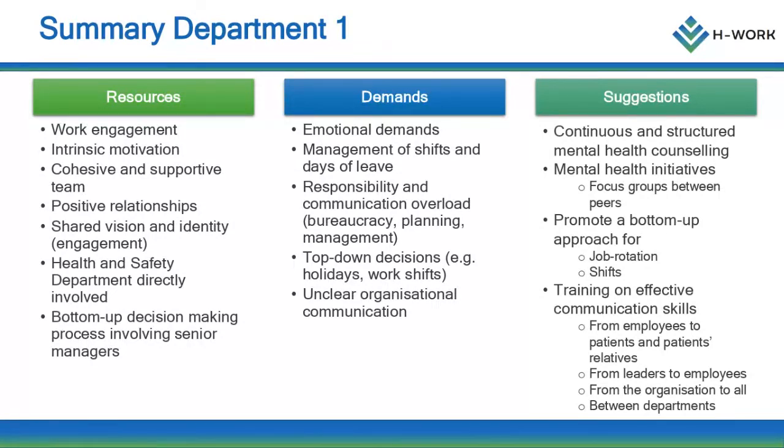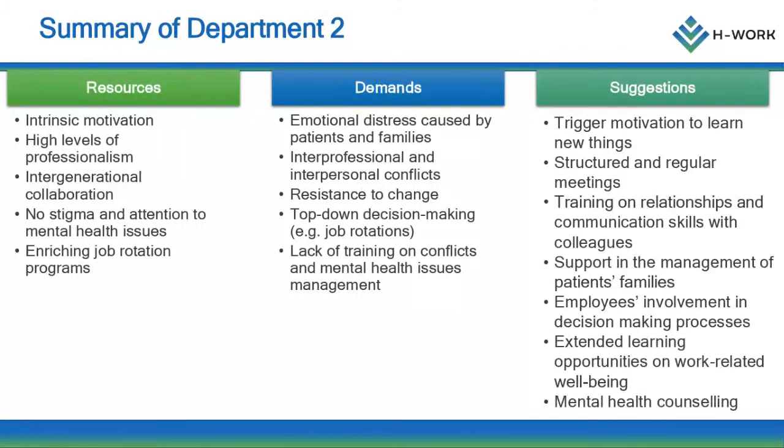Then training on effective communication skills from employees to patients and patients' relatives, but also from leaders to employees and from the organization to all, and also between departments. So overall communication. Some similar issues in Department 2 and 3, and some were different.